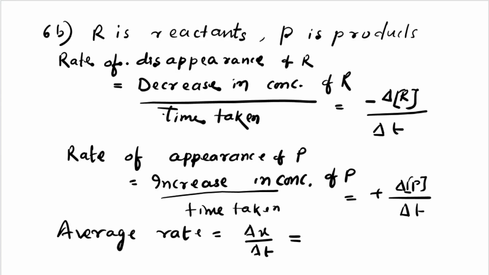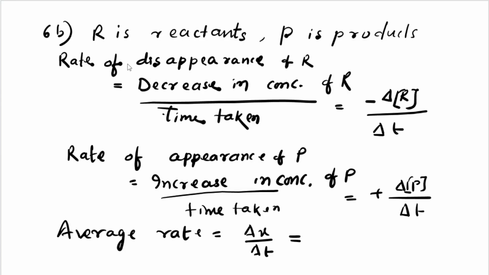Mathematically you can put this as minus del R molar concentration by del t, where t is the time and you should know the decrease in concentration of R. Similarly, the product is produced, so the rate of appearance of P is the increase in concentration of P, not reactant, divided by time taken.